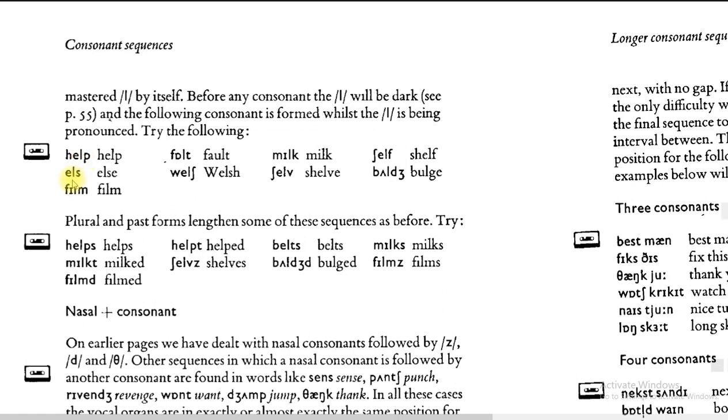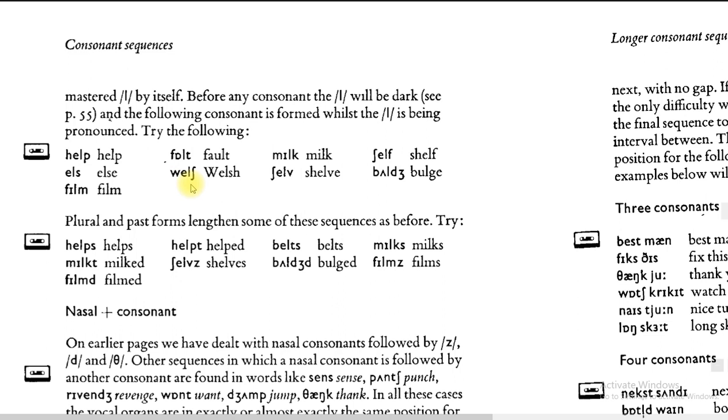Or we have else, L and then S. Film, L and then M. Fault. As you can see, all of the L consonants are produced as dark L.